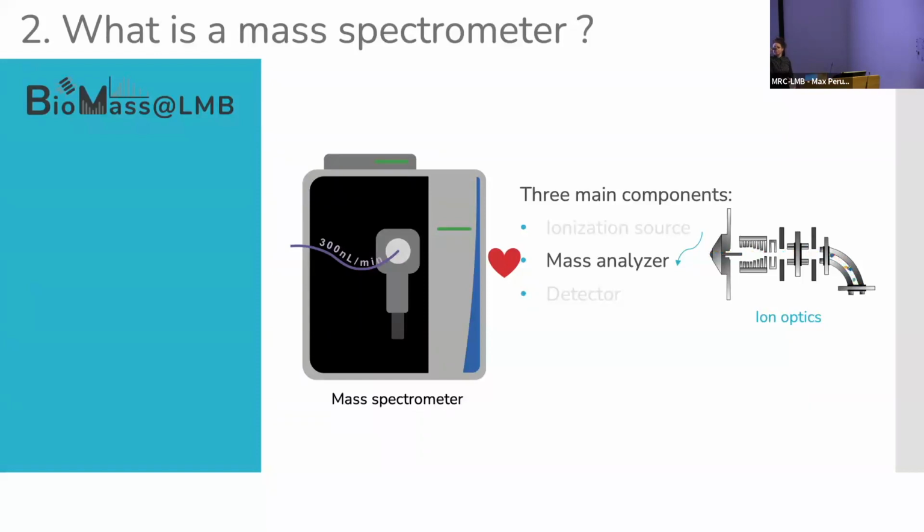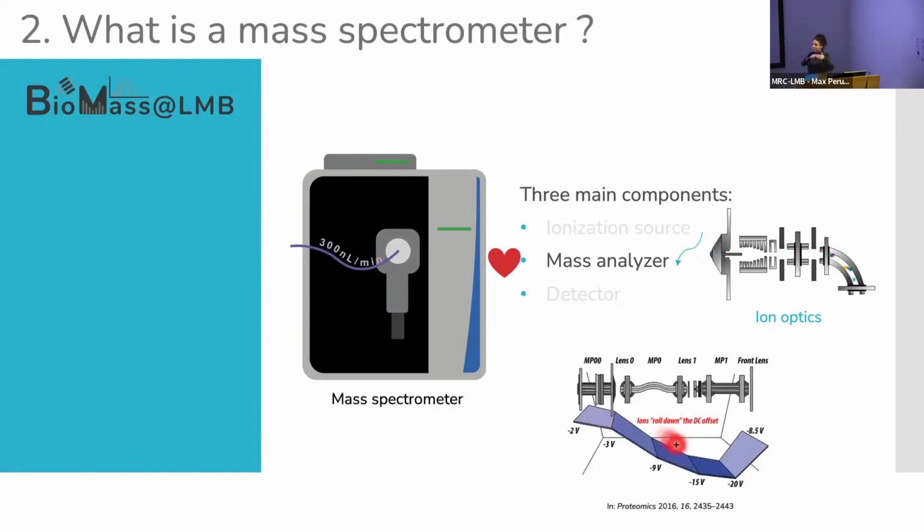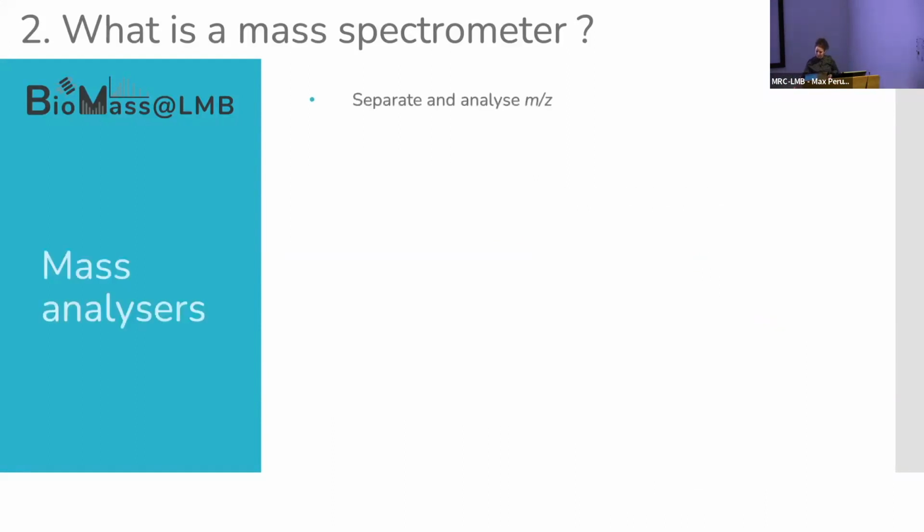This is actually an ion mobility cell, so it's slightly different. It can look like this, or like this, depending on the mass spec that you might be using. They have different voltages applied so that they suck in the ions, your ionized molecules, until they get to the mass analyzer.